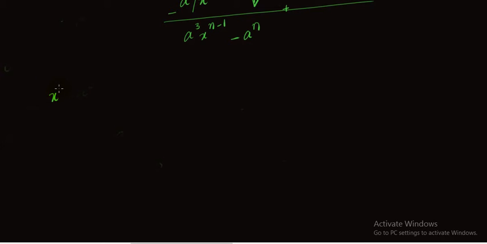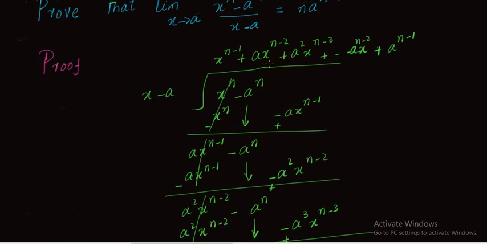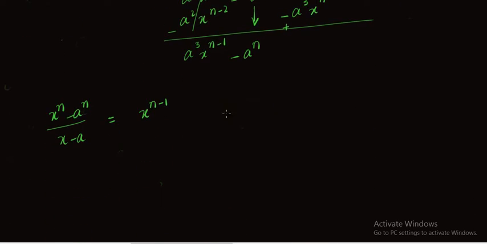Now, (x^n - a^n) upon (x - a) is equal to x^(n-1). We write this quotient here, plus a x^(n-2), plus a^2 x^(n-3), and so on.